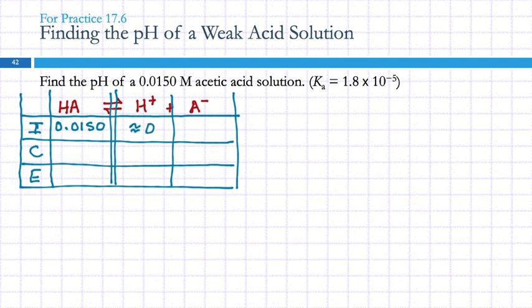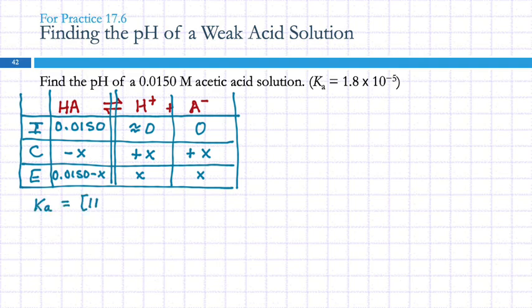And for A minus, 0. So then we've got changes. The HA is going to lose some amount, X, and H plus is going to gain it, and A minus is going to gain it. 0.0150 minus X, X, and X. So far, this is the same as the previous problem. The only thing different is this number. So there's very definitely a pattern happening here.